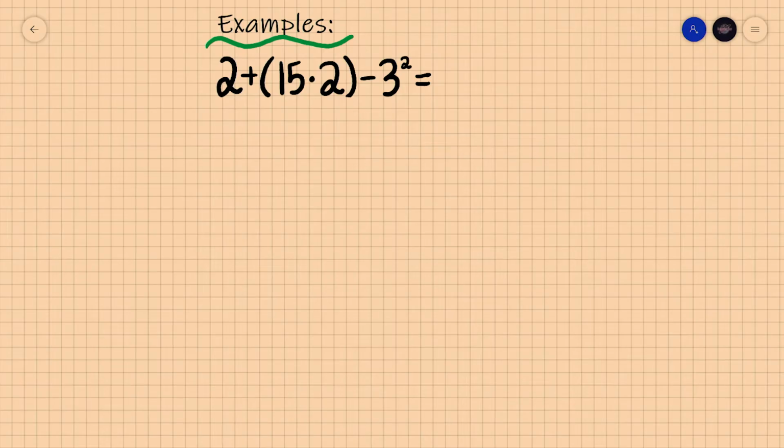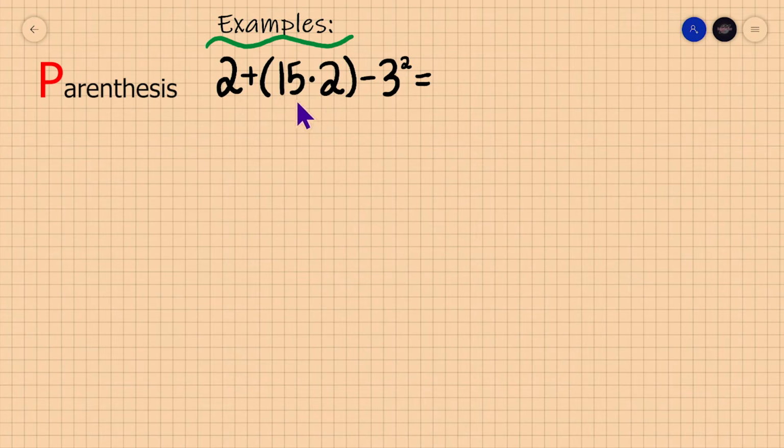So here we have the first example, and this example is 2 plus parentheses 15 times 2 end parentheses minus 3 squared, or 3 to the second power, whatever you prefer. First here in this equation, we do have parentheses right here.